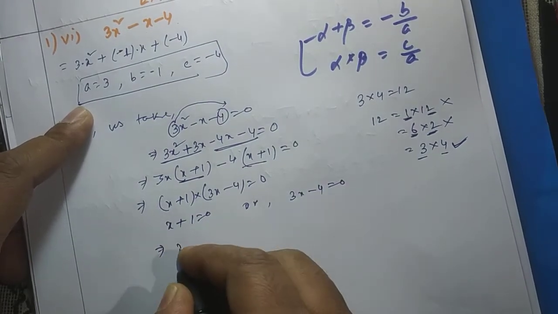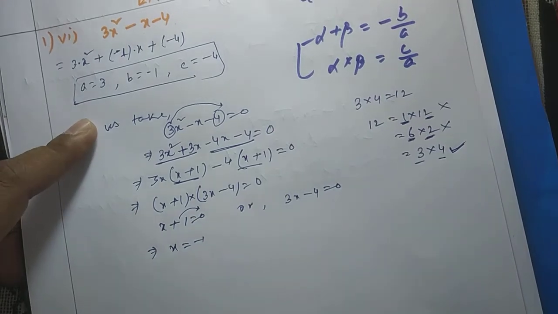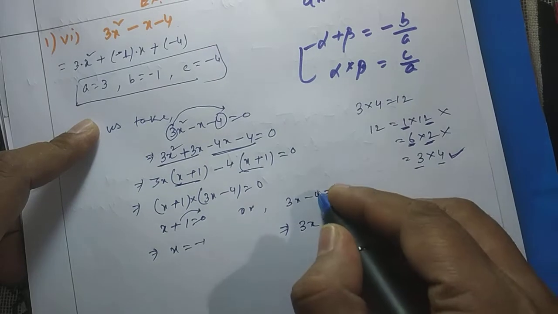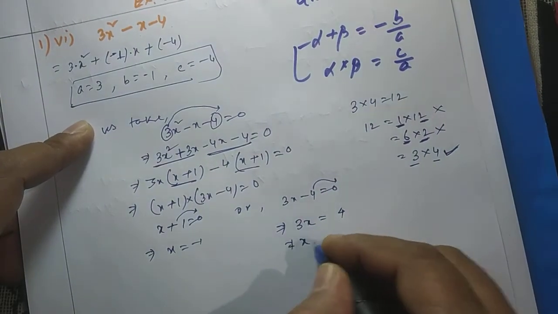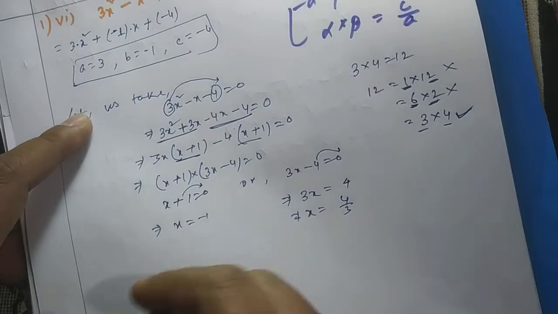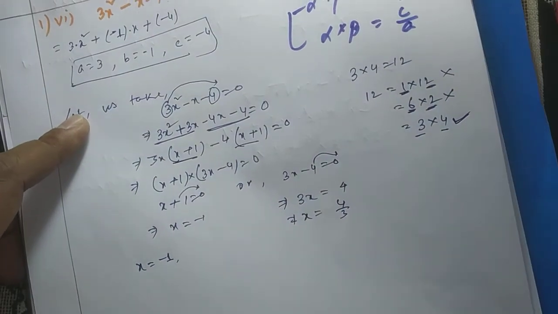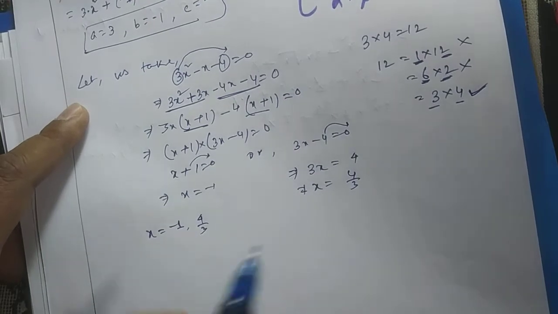Now from here we get x equal to minus 1 by taking 1 on the right hand side. Similarly here we get 3x equal to 4 by taking this one on the right hand side. And we get here finally x equal to 4 by 3. Correct? So firstly we got x equal to minus 1 and secondly we got 4 by 3. So ultimately we have got two values of x.